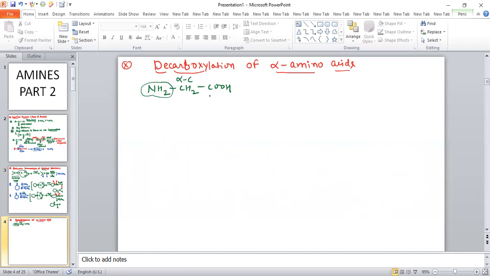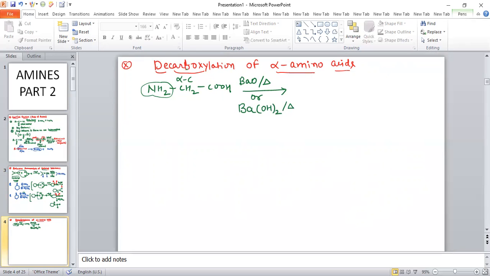So this is an alpha amino acid. When we use barium oxide and heat is provided, or you can also use barium hydroxide and heat is provided.